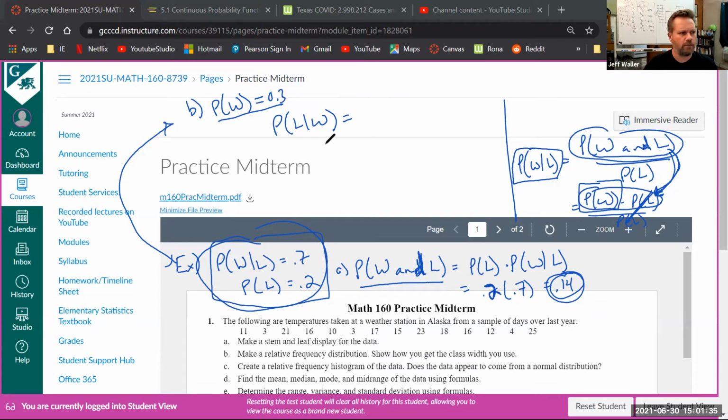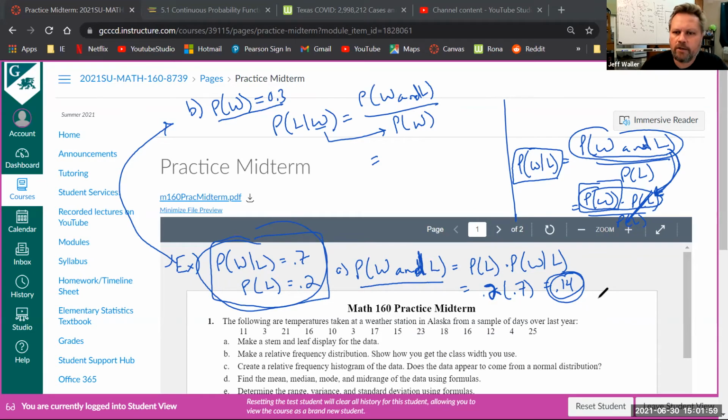No, it's the other way around, right? Would it be probability of W and L divided by probability W? Do we know the probability of W and L? Yeah, we figured it out.